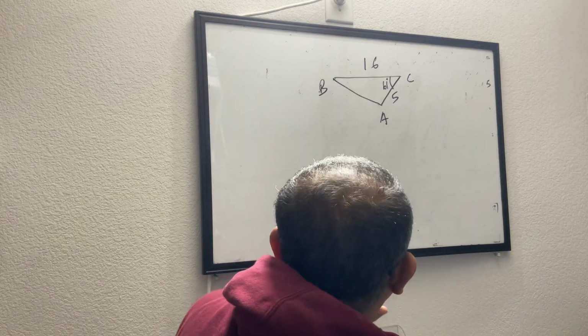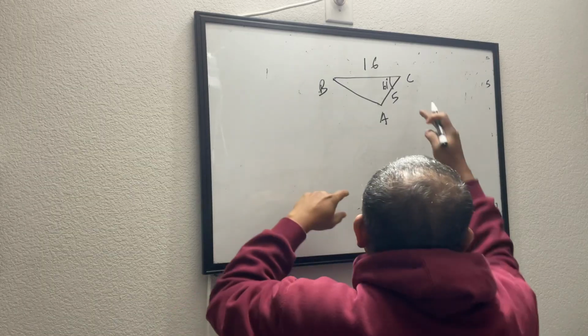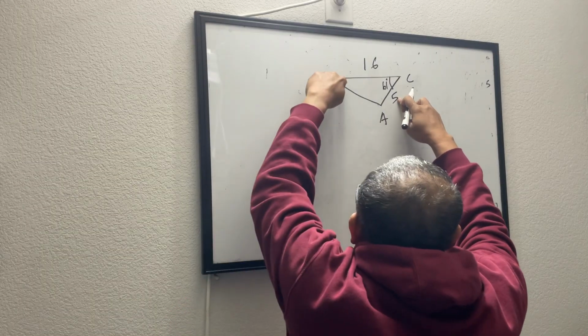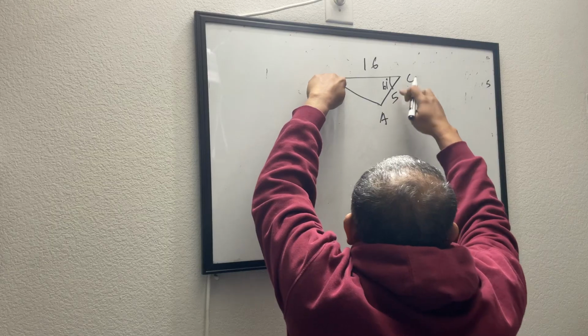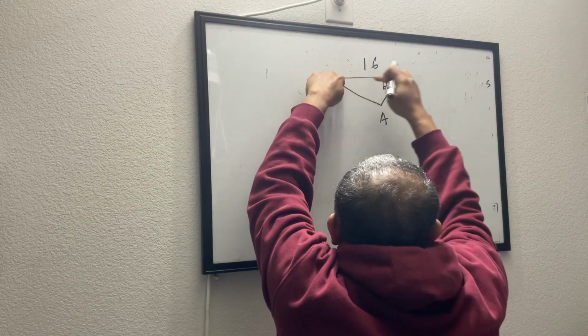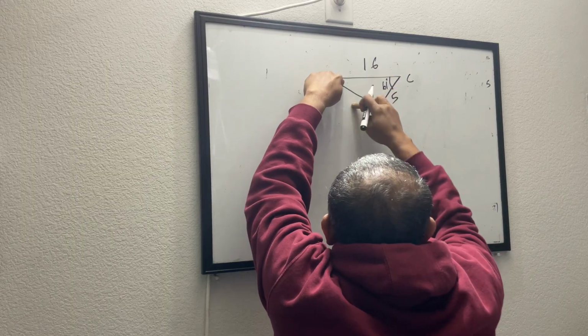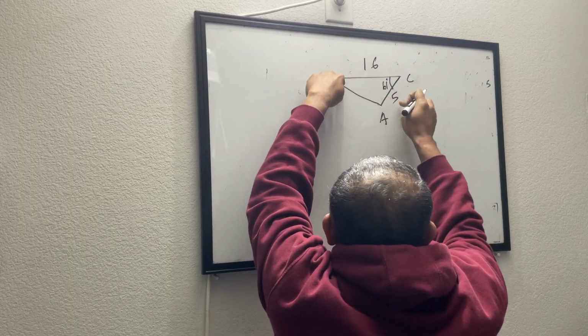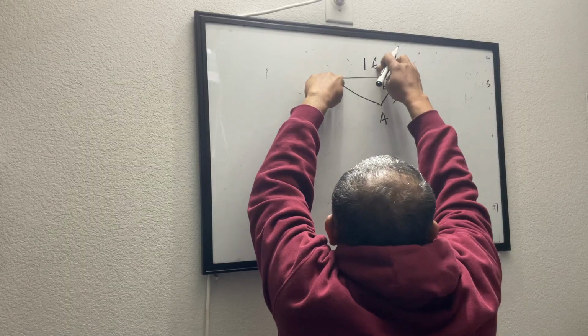Okay, if I know law of sine says this angle, this side, this angle, this side. I know only one angle. So this angle, this side, this angle, this side. I don't know this, I don't know this angle either. That will not work.